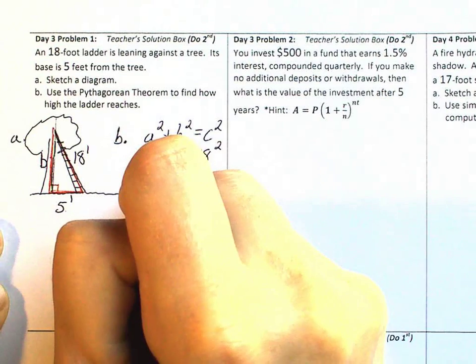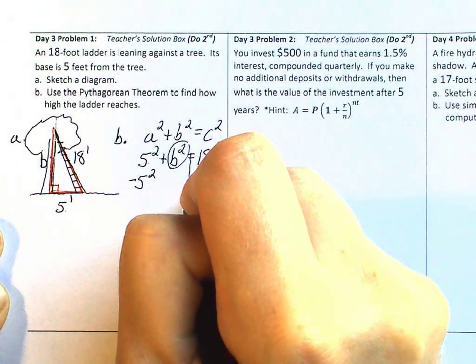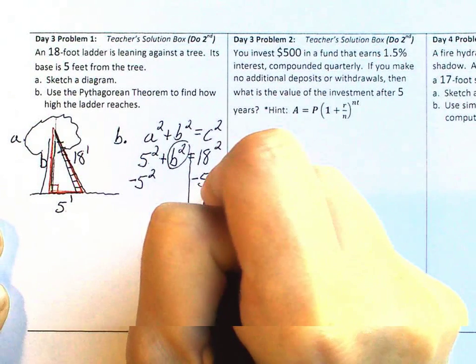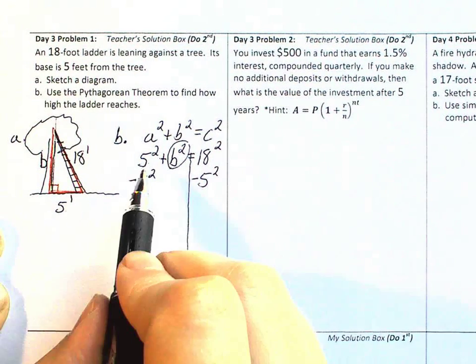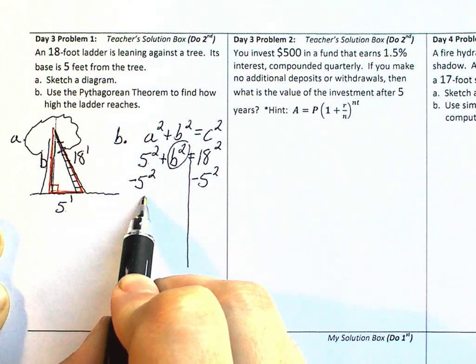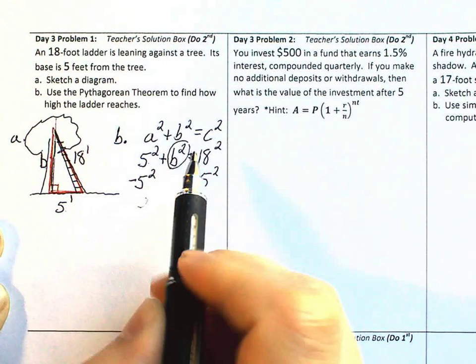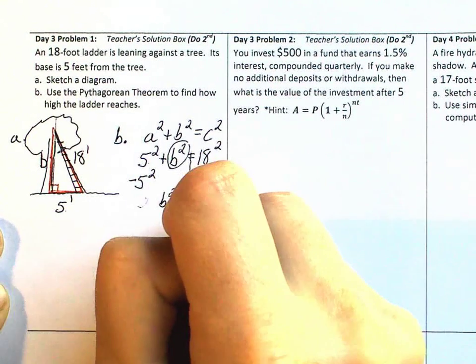And so minus 5 squared. And on the other side of the equation, to keep it in balance, minus 5 squared. 5 squared subtract 5 squared makes 0. And then the positive b squared can be brought straight down.